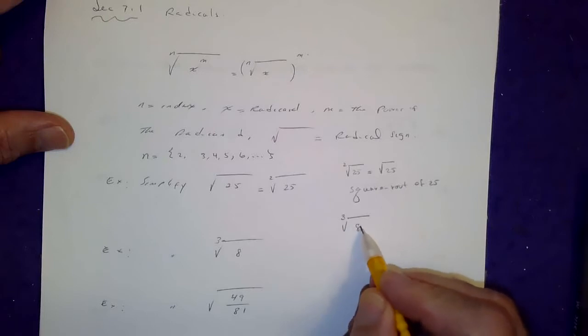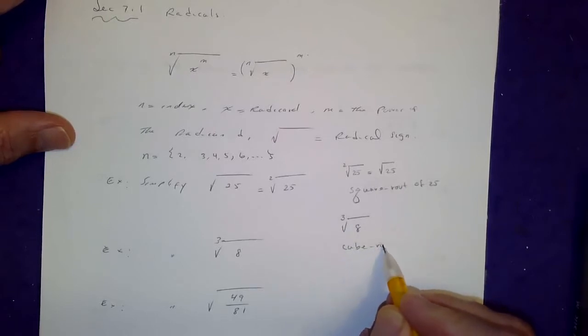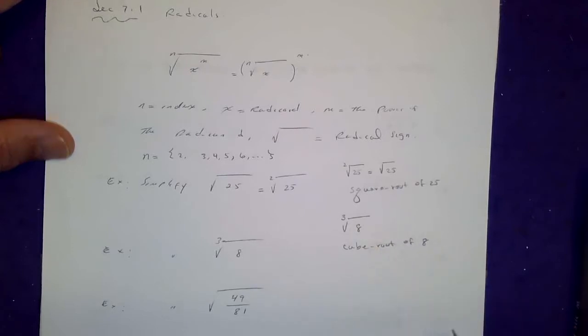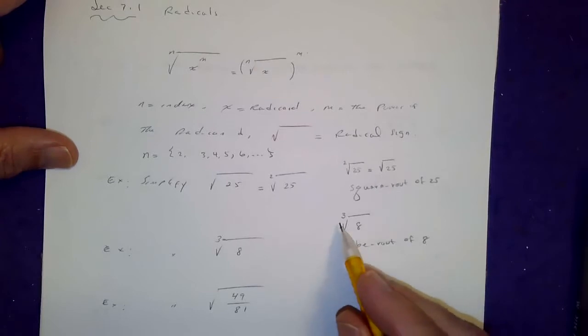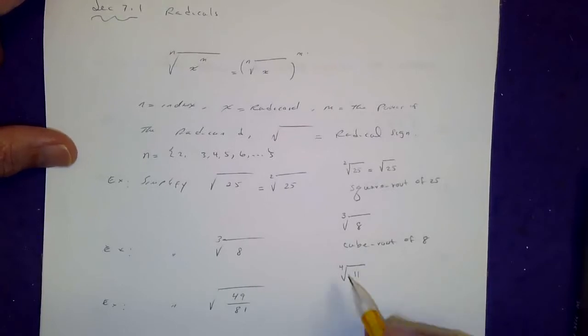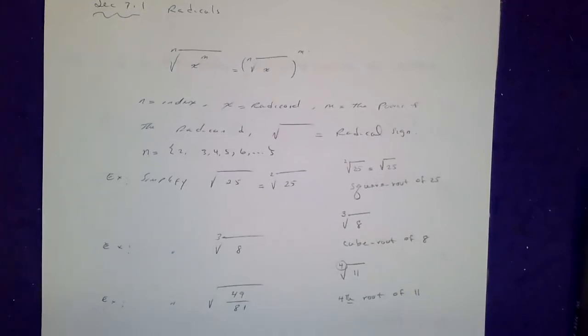This right here reads cube root of 8. If the index exceeds 3, like this one, you would go by the index and read it as fourth root of 11. So that's how you read radicals.